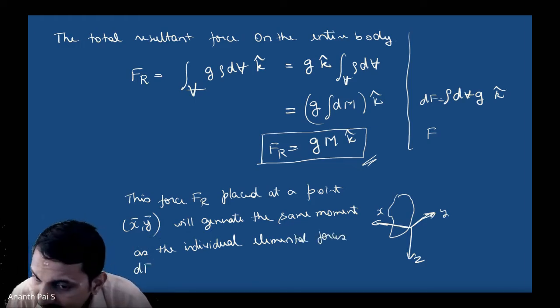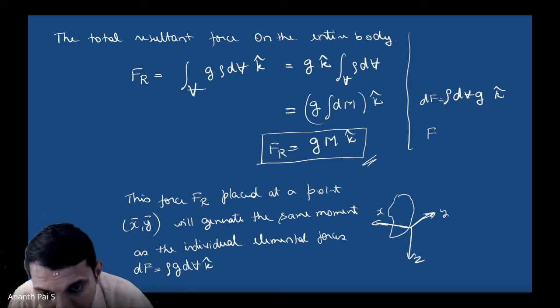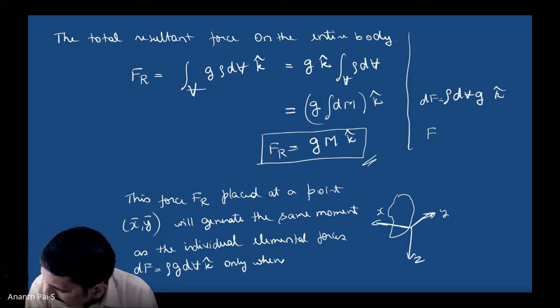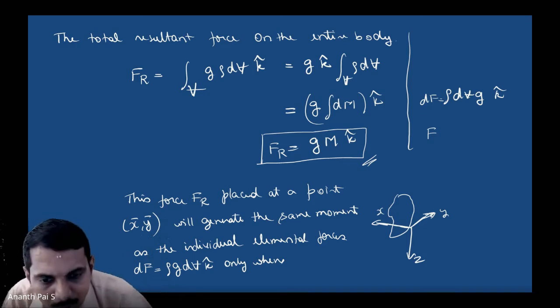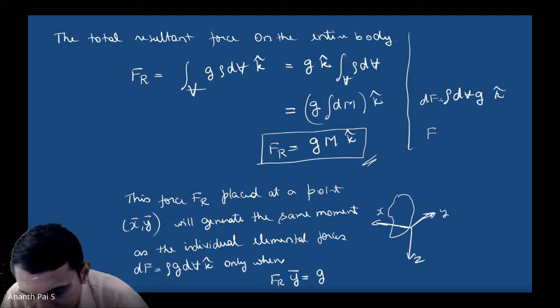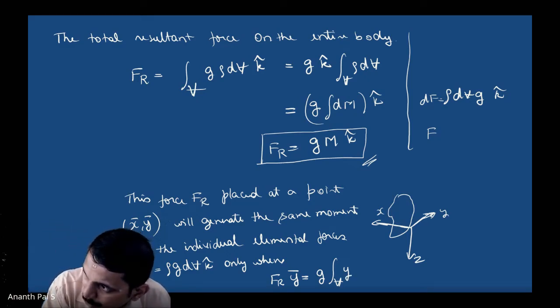The elemental forces dF are equal to rho g dV k, only when Fr into y bar is equal to g into the integration along the volume of y rho dV, because you're taking the moment of these individual forces.